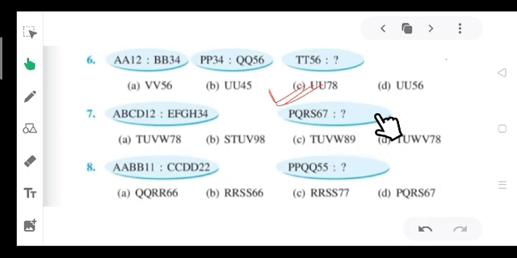Then what will come here? W. 6 is an even number, so next even number 8. 7 is an odd number, so the next number will come here, 9.